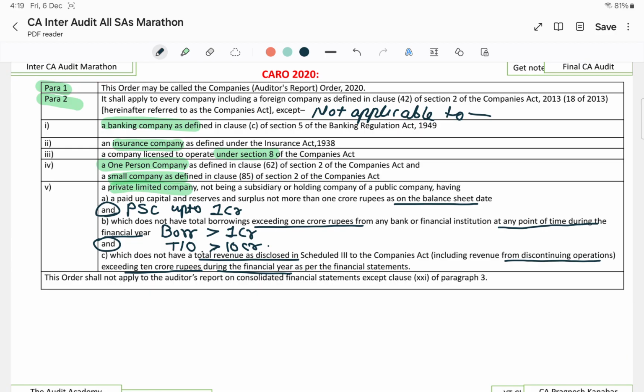You can use the memory technique BIOS 8.